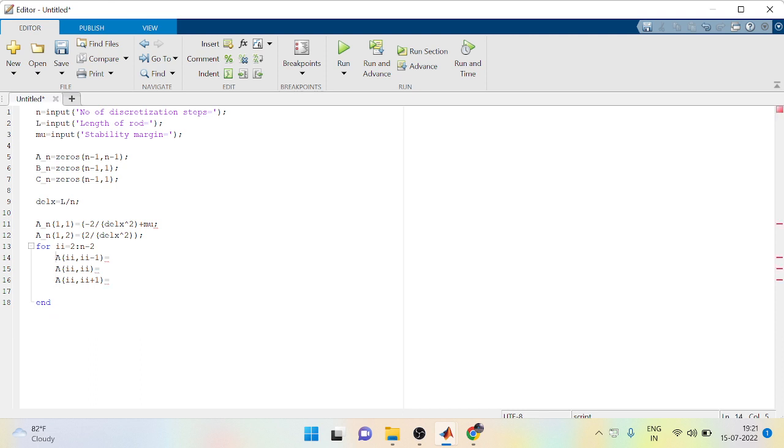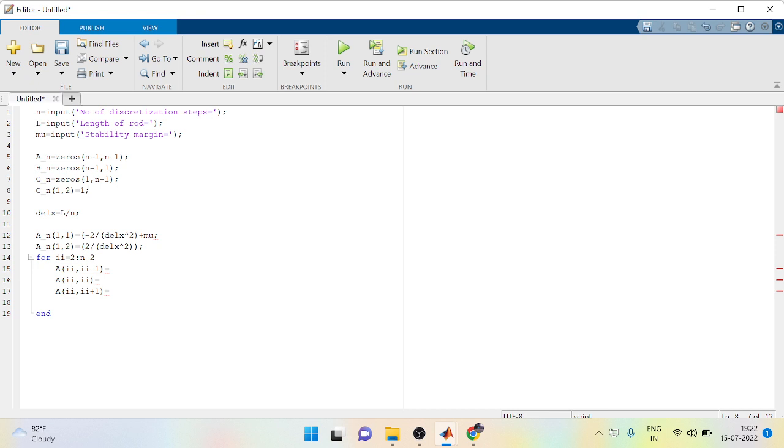Let us say we are measuring temperature at one end of the rod, 0 comma t. So C of 1 comma 2 equals 1, right? Done.